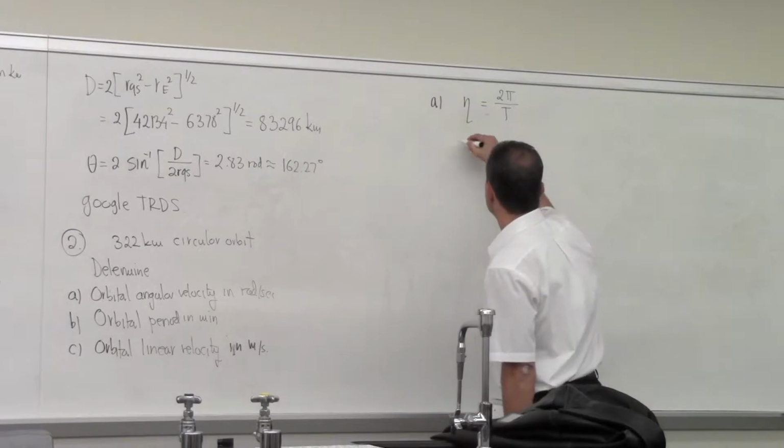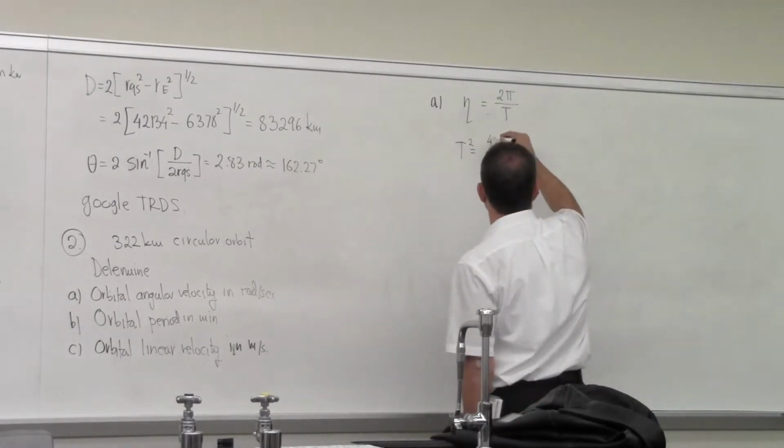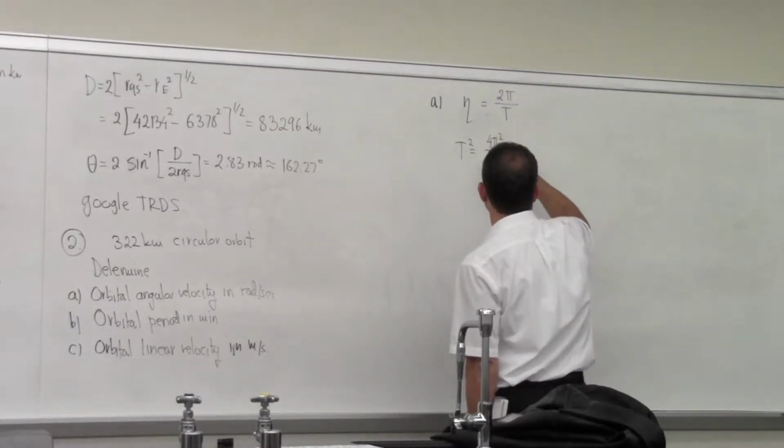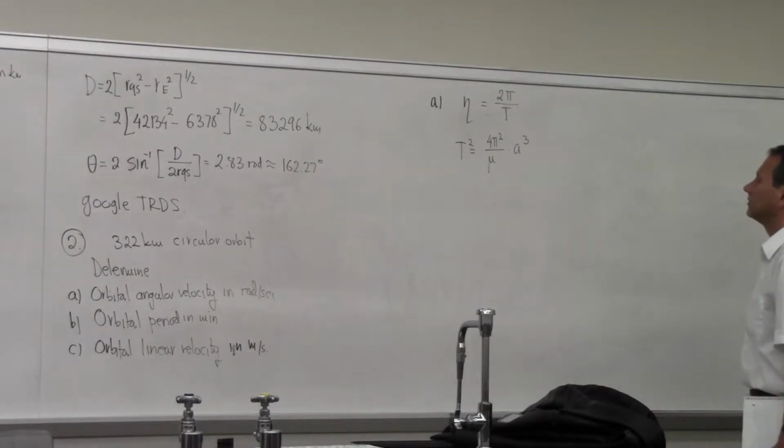And we know that T squared is equal to 4 pi squared over mu, where mu is Kepler's constant, times a to the power of 3.